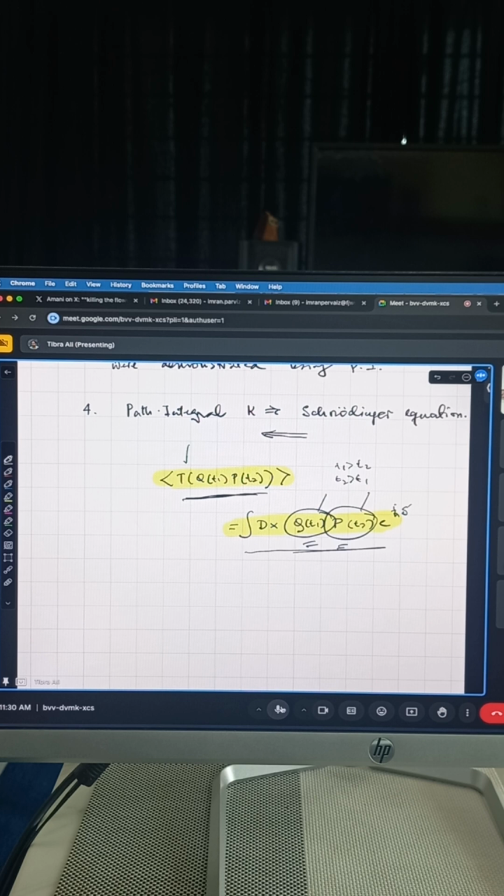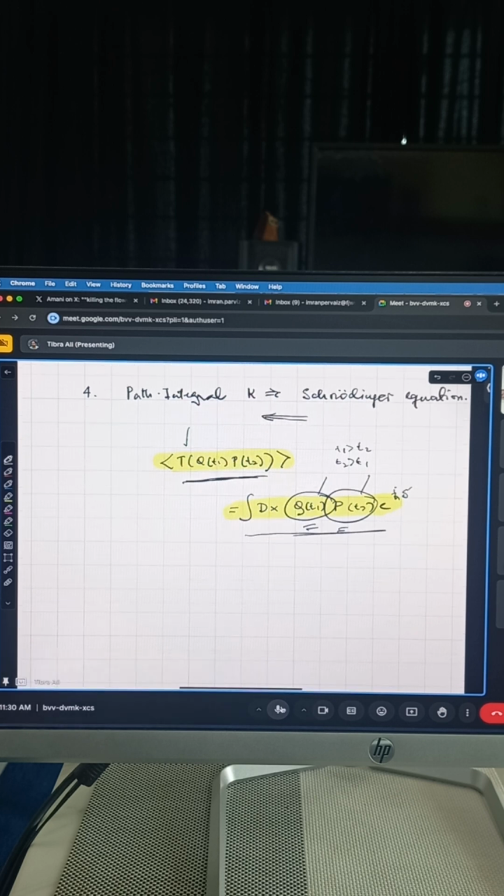So we are going to do the path integral for the free propagator. To do that, let me just remind you of the usual Gaussian integration formula.